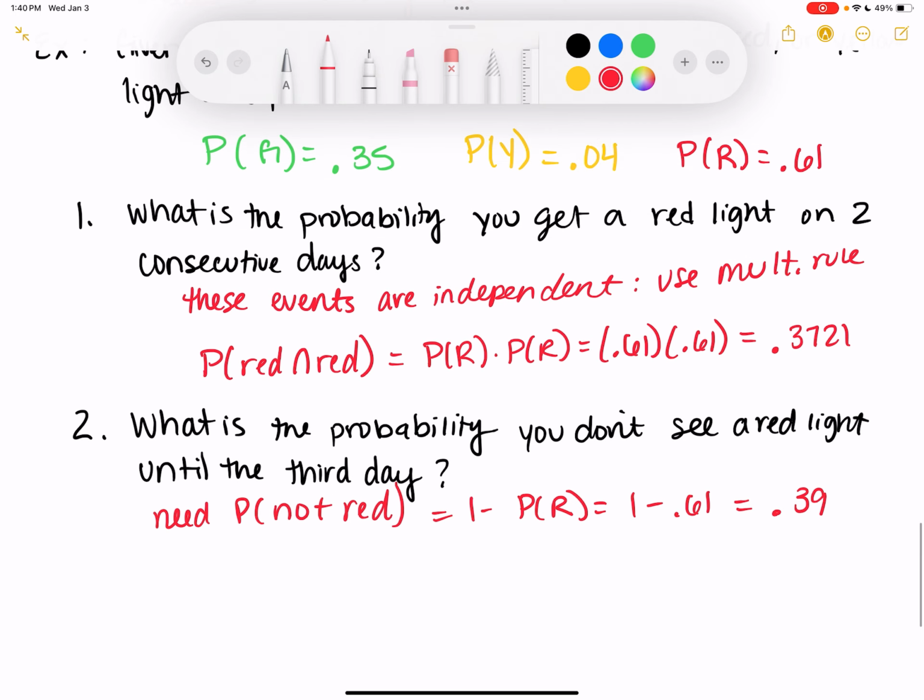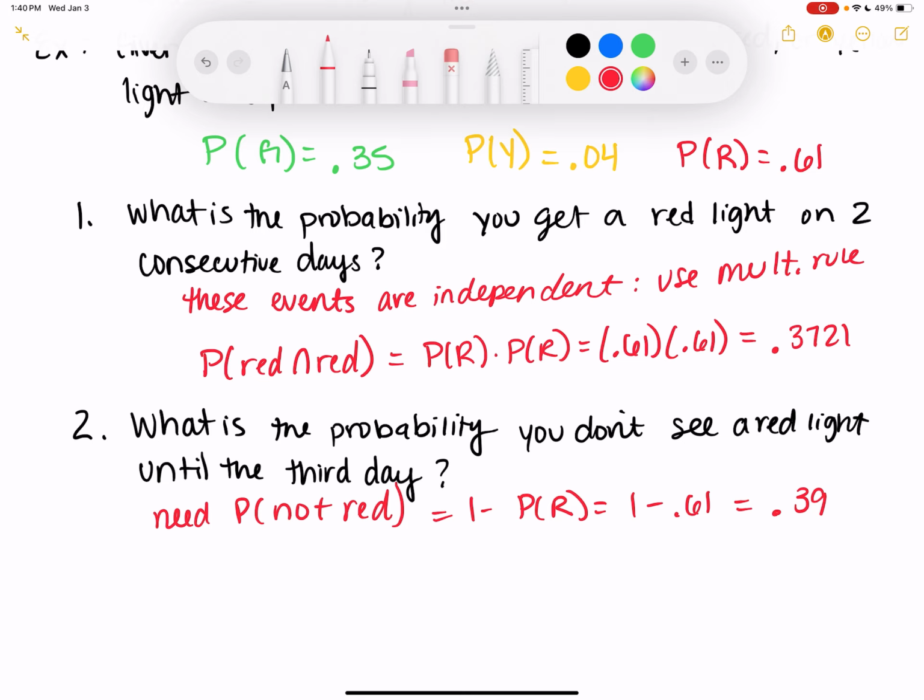So not red implies that it's either green or yellow, right? So we could have also just added those two together. When we say not something, we usually do 1 minus because usually it's easier. It's also like the complement of red would be everything but that. It's another way to think about it.